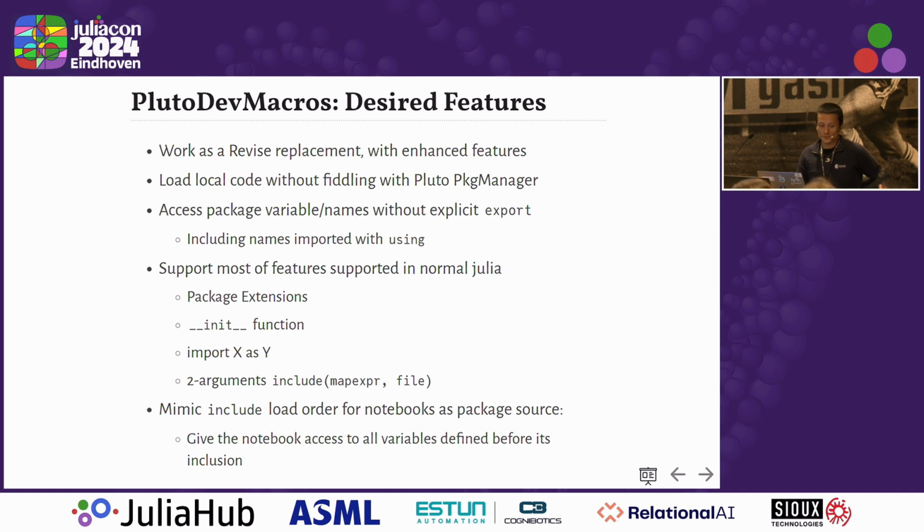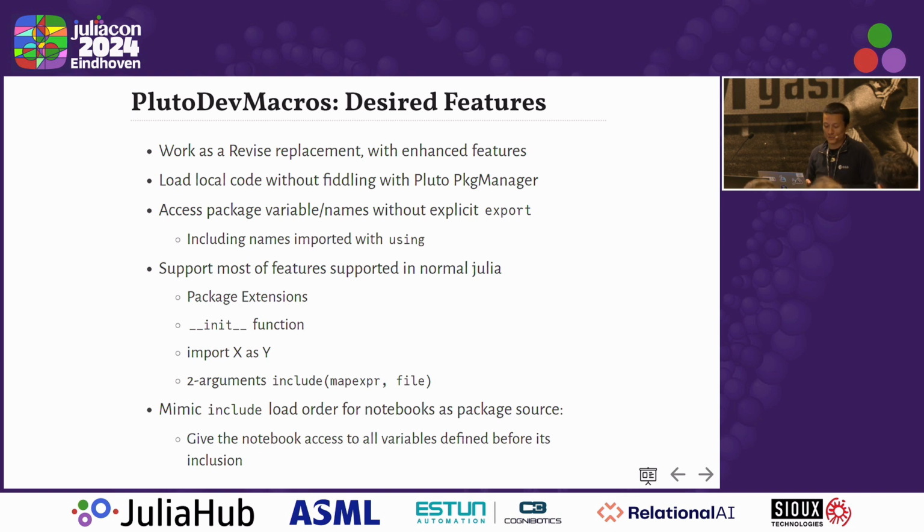I also wanted to be able to load the package without explicitly having to put all of the dependencies in the notebook. This was the question from Stefan before. We'll see how it works later, but it's very easy. It's probably not the best Julia way to do things, but I think it serves the purpose here, and it makes everything easier.